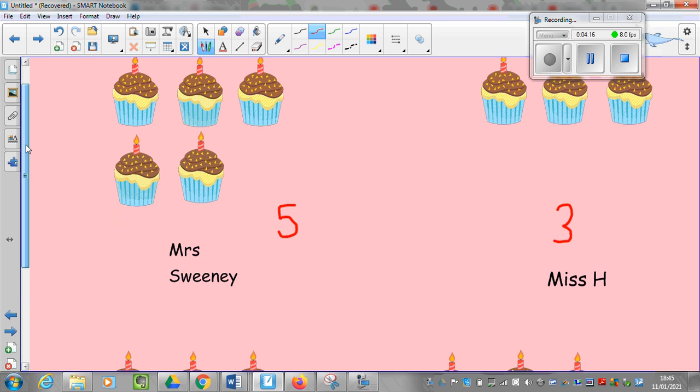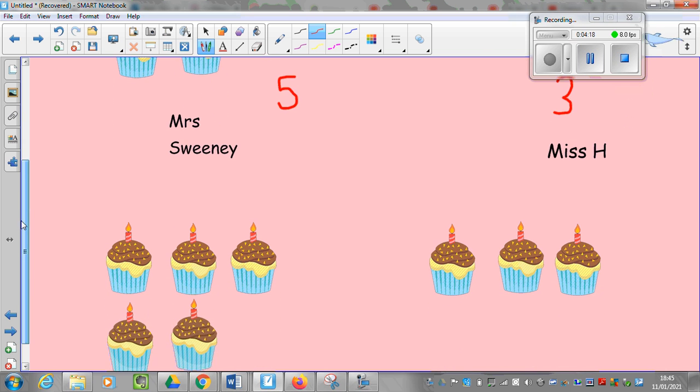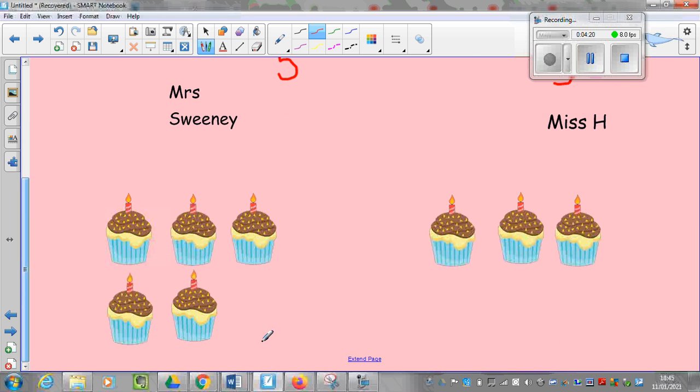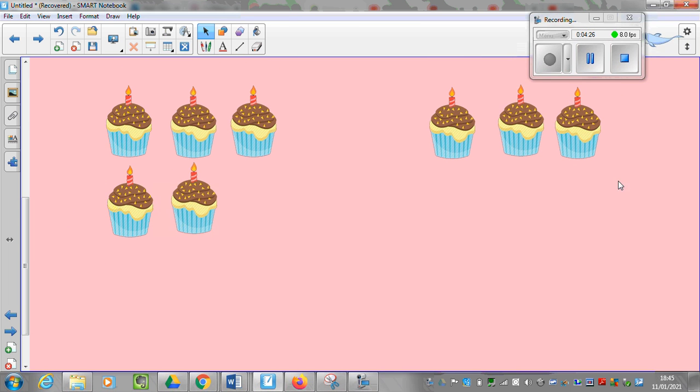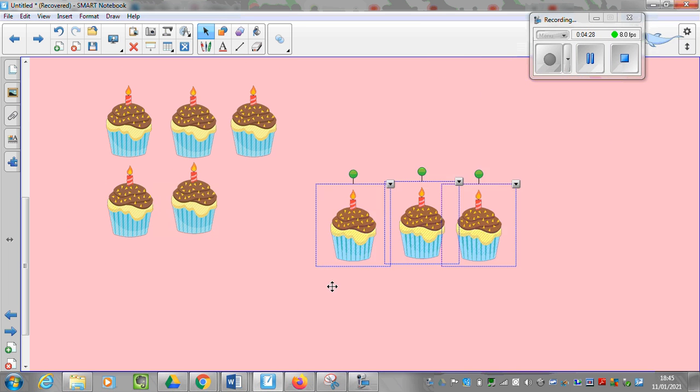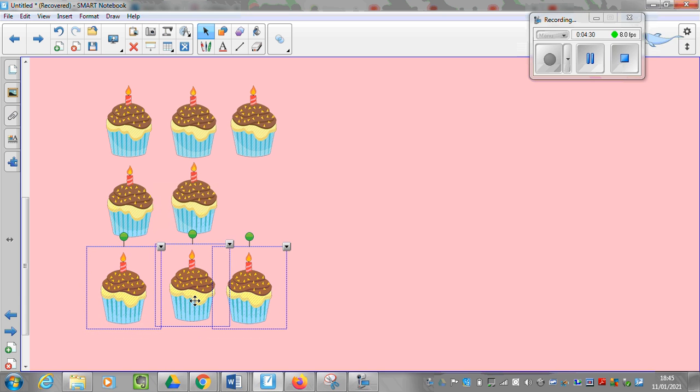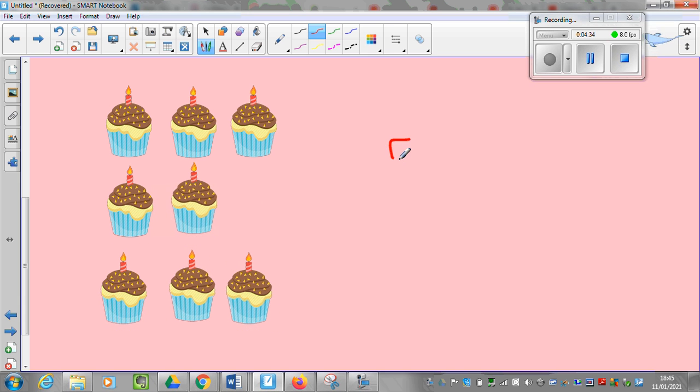So let's have a look at this problem below then. So we've got 5 cakes, and what we're going to do is add my 3 cakes in to Mrs. Sweeney's collection over here. So now we had 5 cakes and then we added my 3 cakes. How many have we got all together?